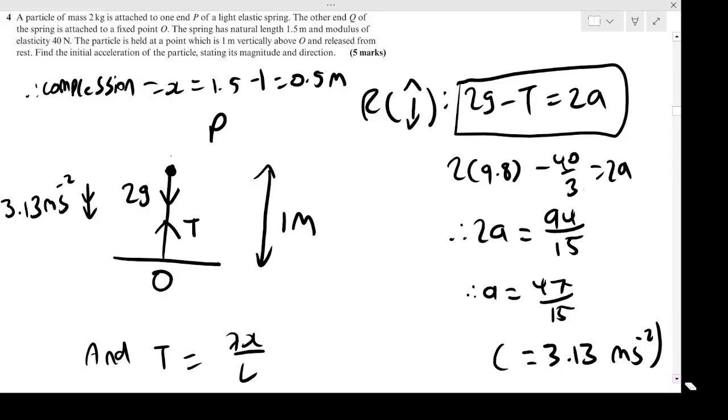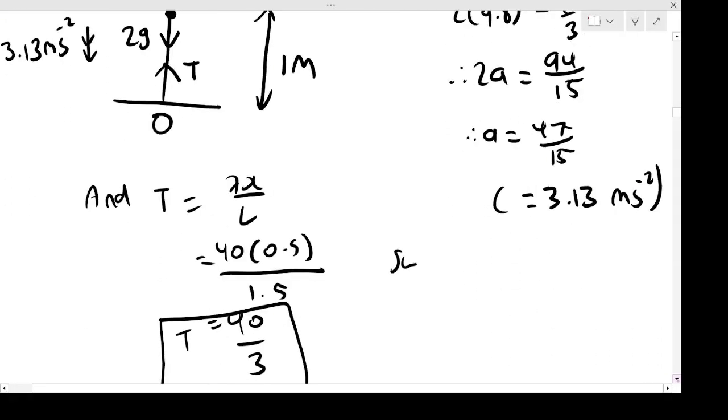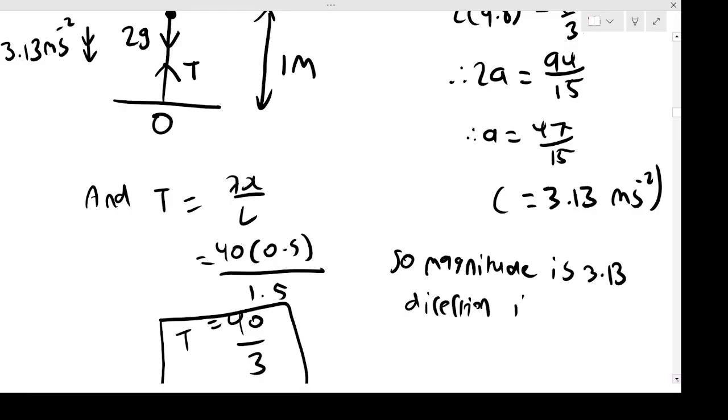Okay, so there we are. So it wants me to state the magnitude and direction of the acceleration. Now the magnitude just means the physical number. So the magnitude is simply 3.13, and the direction, as we discussed, it's downwards.